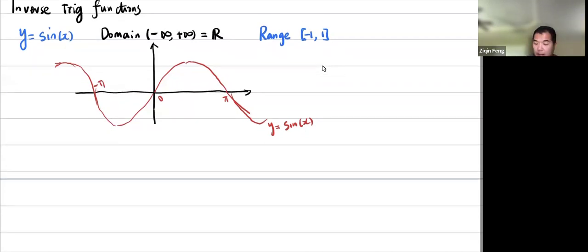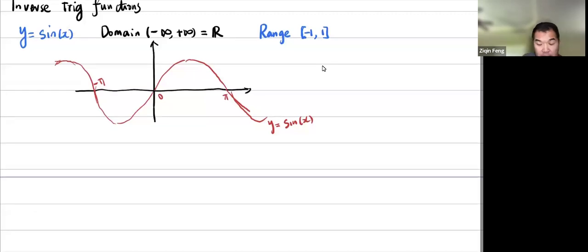So this function in general has no inverse, because it is not one-to-one.